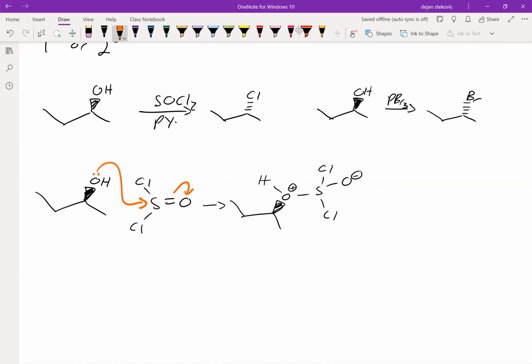And then this oxygen is going to reform our pi bond and kick off the chlorine. The pyridine in solution, which looks like this, can then deprotonate our alcohol to give us a neutral oxygen back.